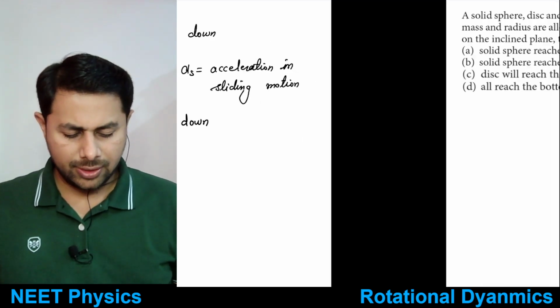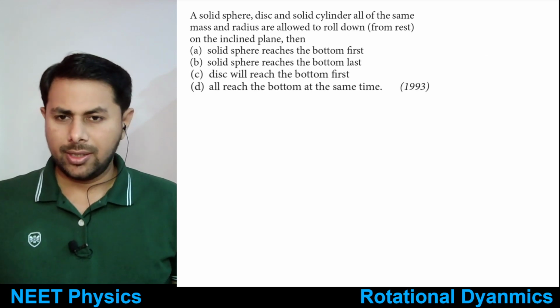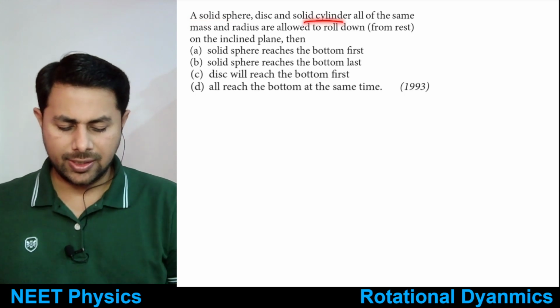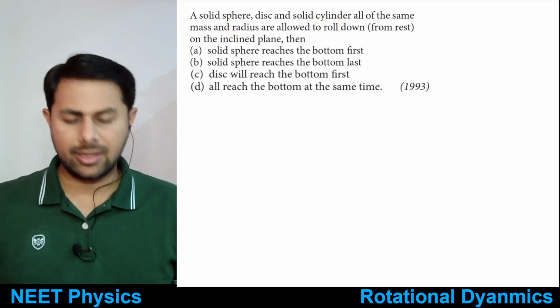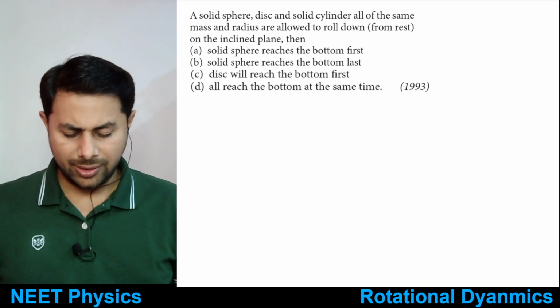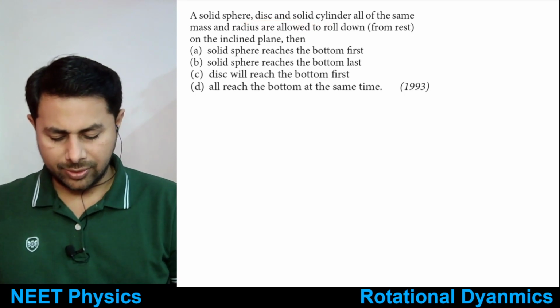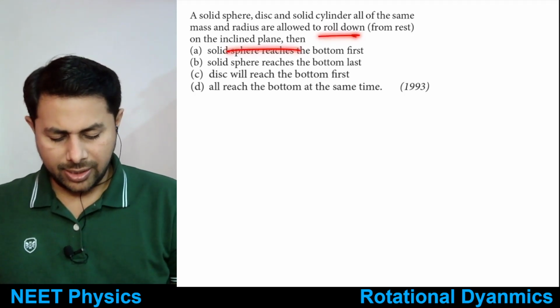So now let us discuss some simple questions based upon rolling motion. A solid sphere, a disk and a solid cylinder, all of the same mass and radius, are allowed to roll down from rest on an inclined plane.